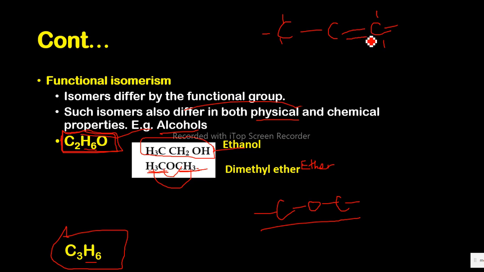So just put a double bond here, and then you remove one bond. You put hydrogen here, hydrogen here, hydrogen here, and then the rest is hydrogens. This bond is not there. Now this one becomes propene.